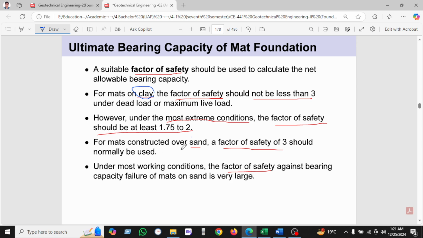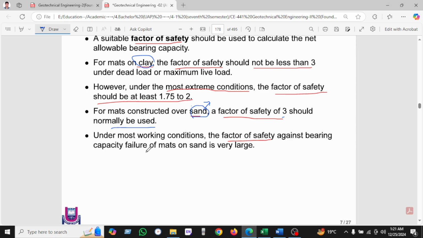For mat construction over sand, like in Saudi Arabia and the Middle East, a factor of safety of 3 should normally be used. Under most working conditions, the factor of safety against bearing capacity failure of the mat is very large.